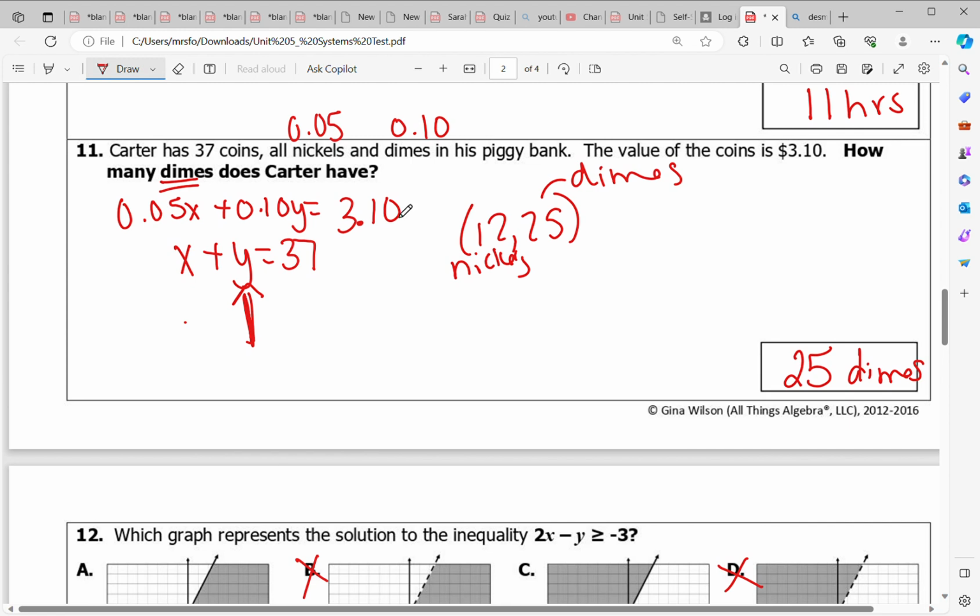That's how I set up this other equation. And then we saw where they intersected was at 12, 25. 12 represented nickels. Y represented dimes. 25 was dimes. Since the question asked about dimes, the answer was 25.